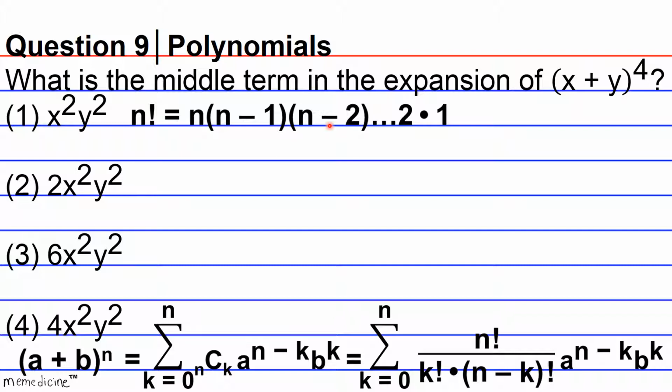So n factorial, again, is going to be the product of all the positive integers that are less than or equivalent to n. And what I also want you to note is that 0 factorial is always going to be equivalent to 1. That's the value that it's been assigned in the world of mathematics.